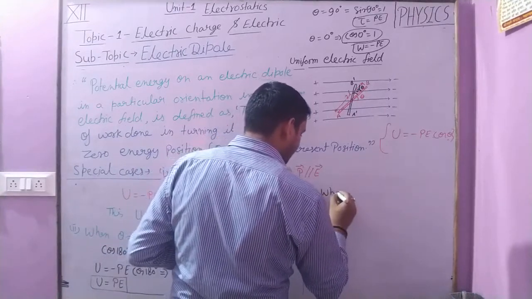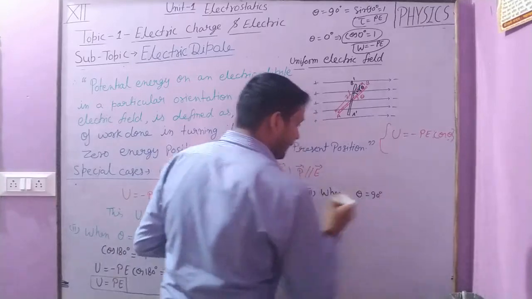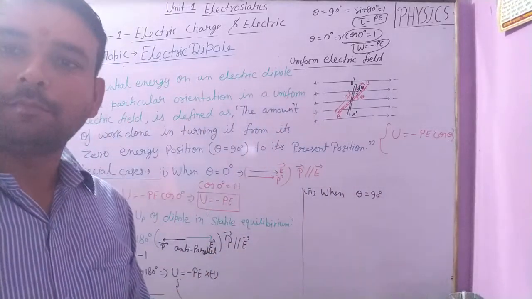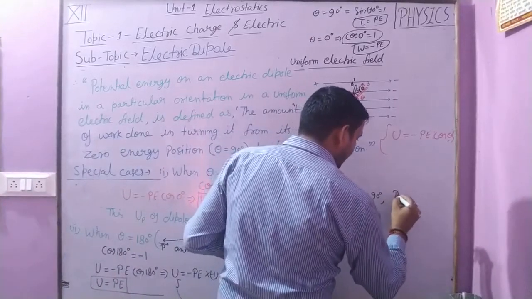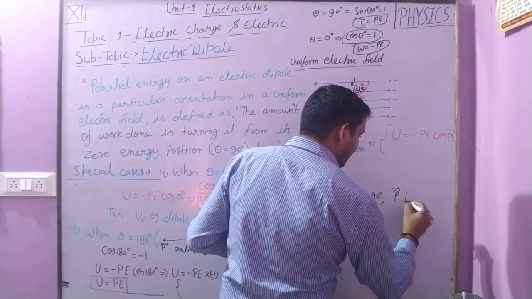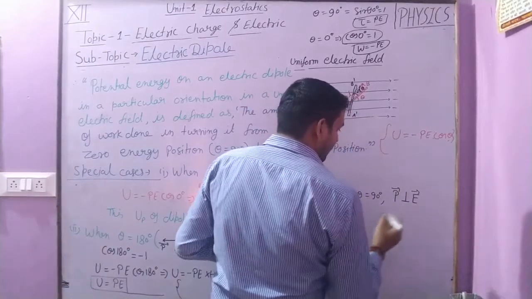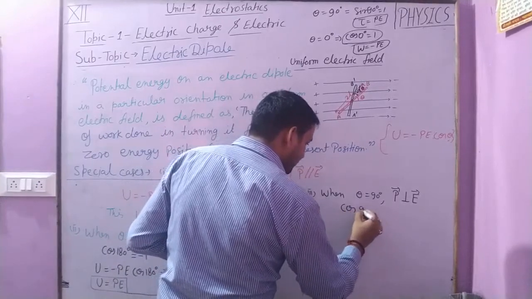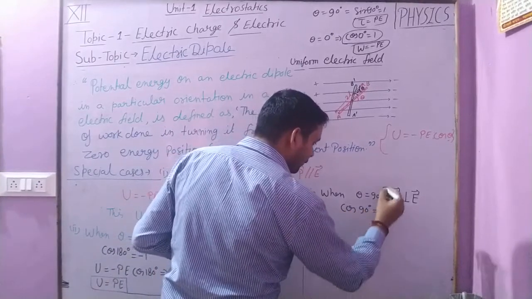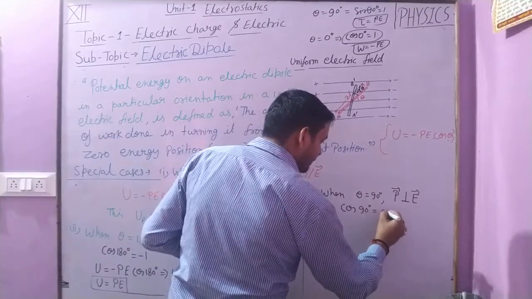Now the third case, when theta is equal to 90 degree. In this case, P is perpendicular to vector E, that is cos 90 degree is equal to 0.